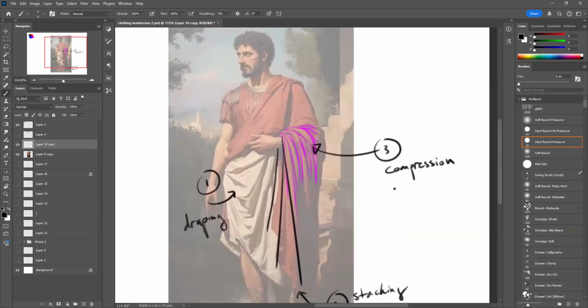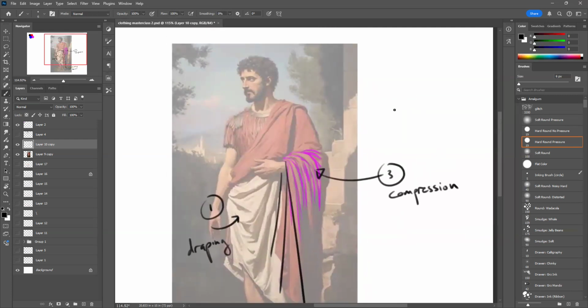And then we have two more I want to go over before we finish this, and I should have done this at the beginning so we kind of know what's going on. Here, let's call this heavy compression, and let's call this draped compression, because this is what happens when something is hanging off something and it rests at the bottom of the object.